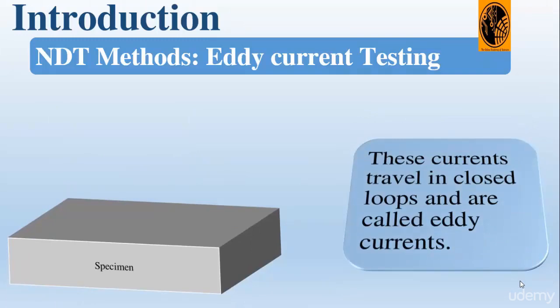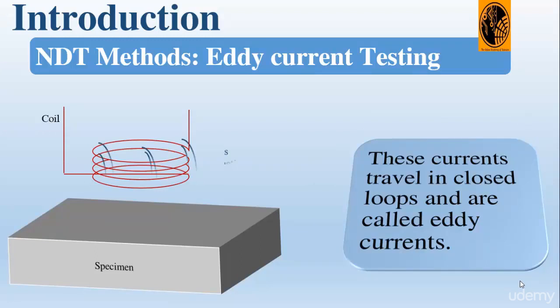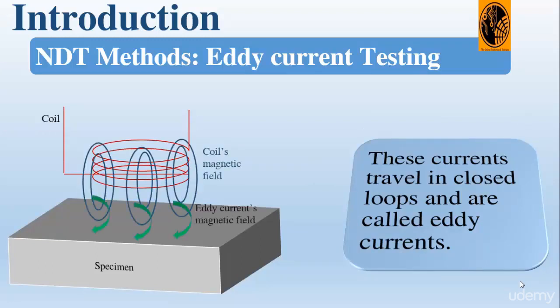These currents, of course, travel in closed loops and are called eddy currents. So here, as you can see, the eddy currents are represented by the green arrows.